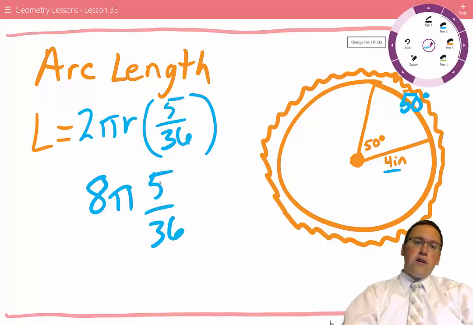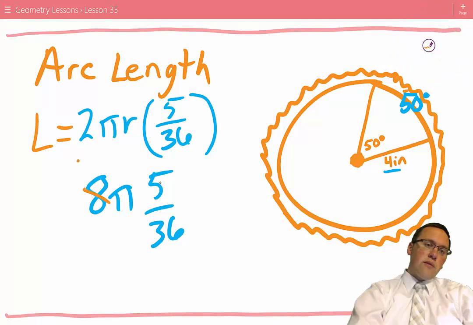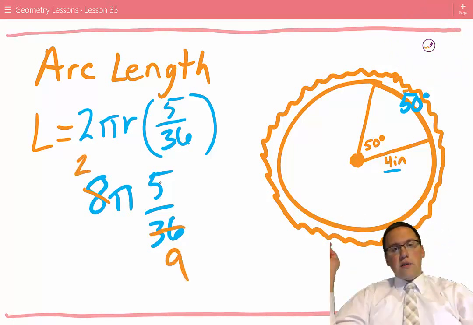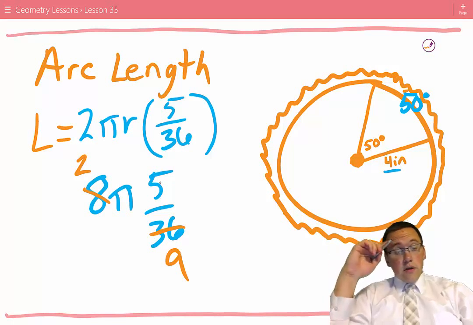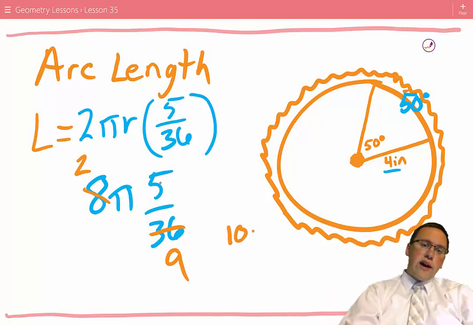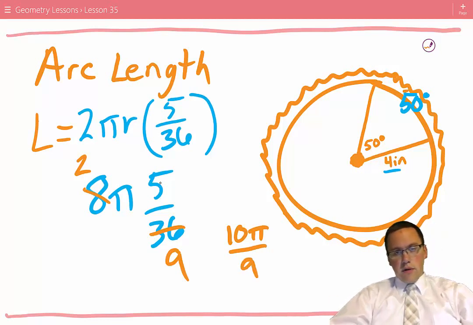And 4 goes into both of these, so 2 and 9. So we would have 10 pi divided by 9. If we wanted to go a step further, we could do that on the calculator, but we'll leave it in terms of pi. I think you get the idea.